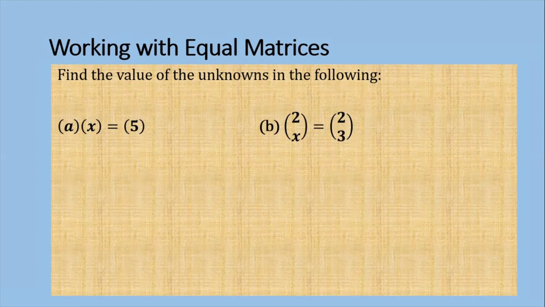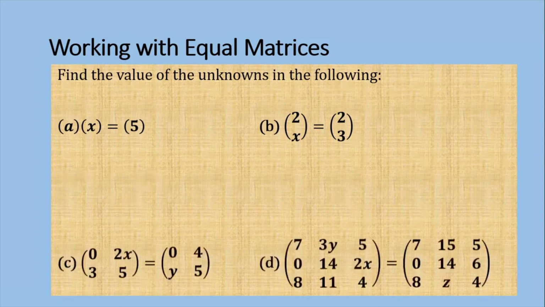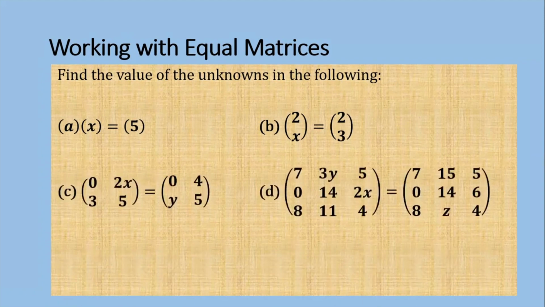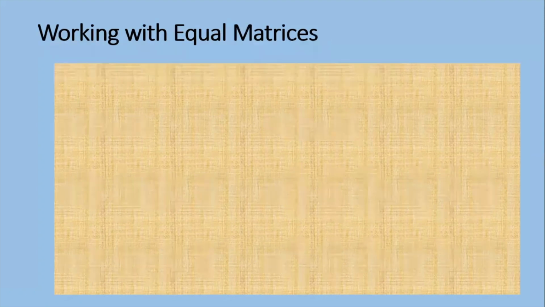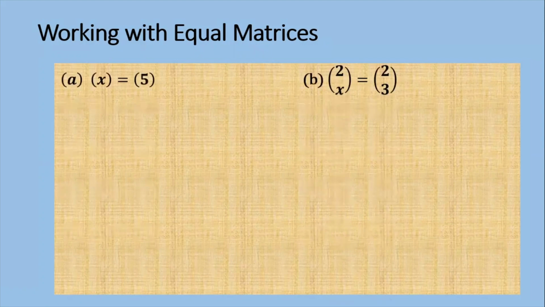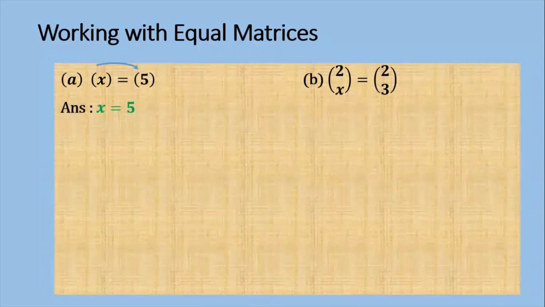The unknown is what we need to find. So we've got 4 matrices. We're going to see how to solve these. Let's take part A. Part A, we say that x equal to 5. So this is rather simple and direct. Here, x is 5. Simple, right?